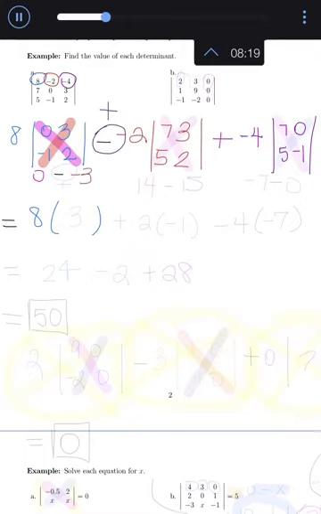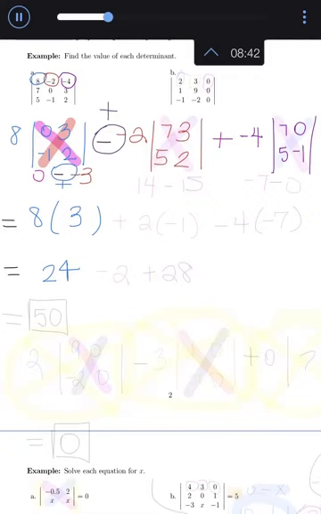So we have a 0 minus a -3, which turns into a +3. So for our first piece, we have 8 times 3, which is 24.